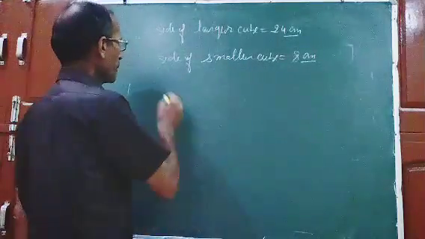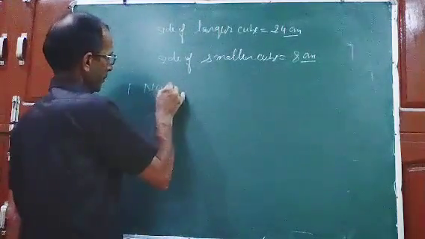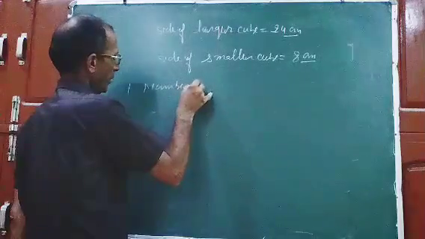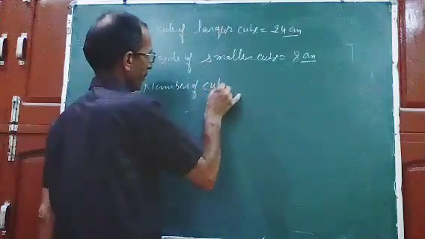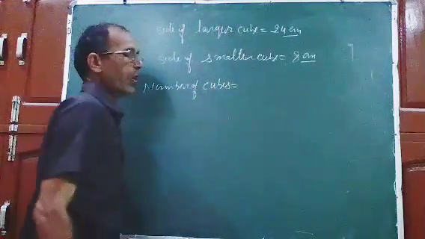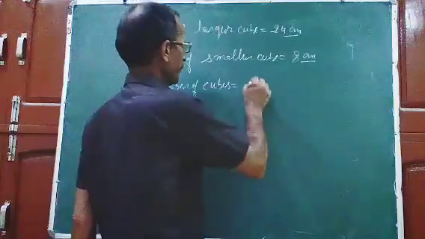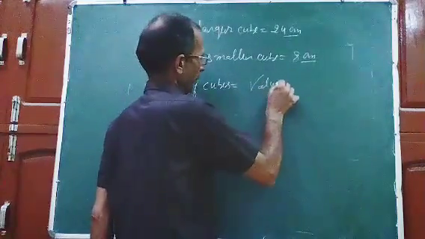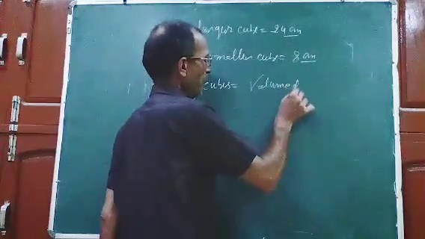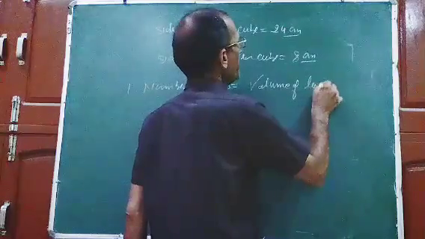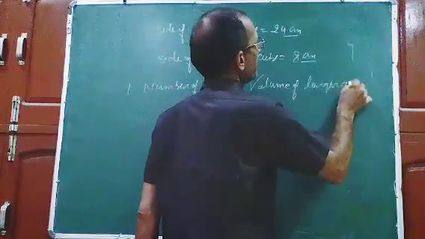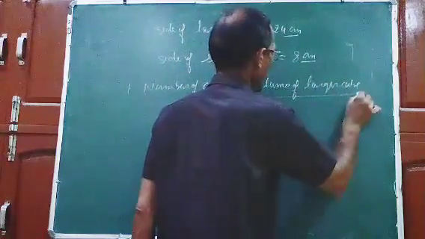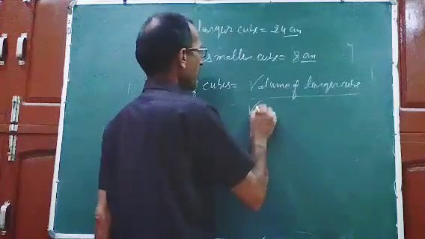Now the number of cubes is the volume of larger cube upon the volume of smaller cube.